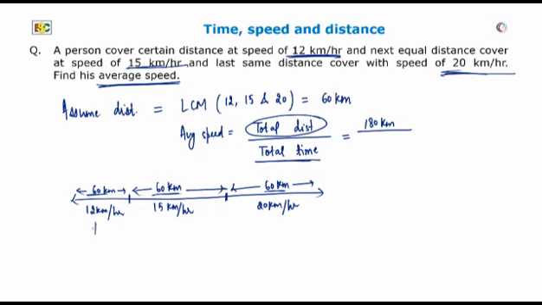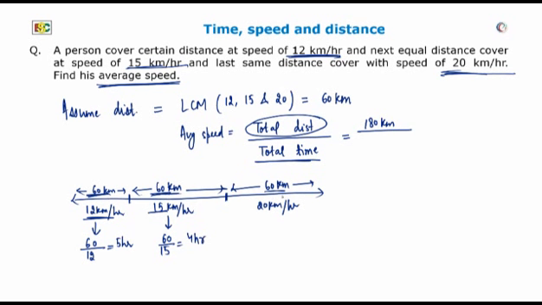So for the first part, time will be equal to distance upon speed, that is 60 upon 12 or 5 hours. Again for the second part, time will be equal to 60 upon 15, that is 4 hours.